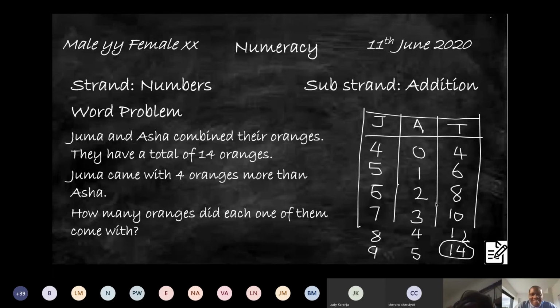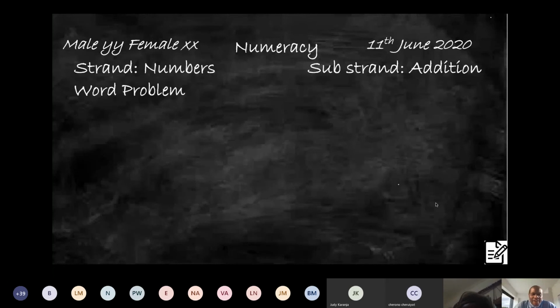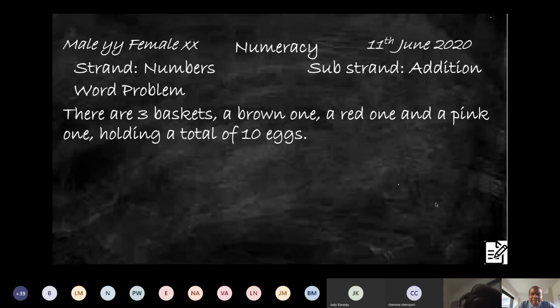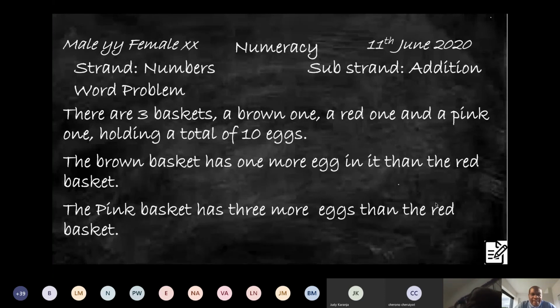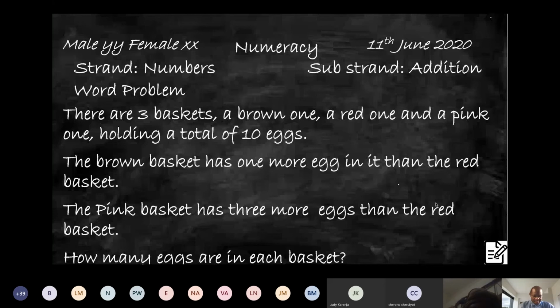I'll give you the final question as our lesson is coming to an end. This is a word problem. There are 3 baskets, a brown one, a red one, and a pink one, holding a total of 10 eggs. The brown basket has 1 more egg in it than the red basket. The pink basket has 3 more eggs than the red basket. How many eggs are in each basket?